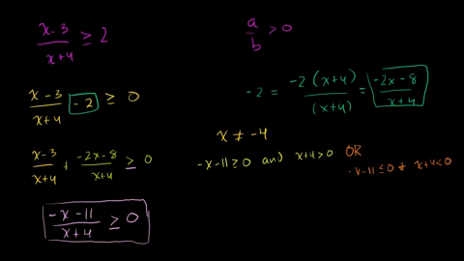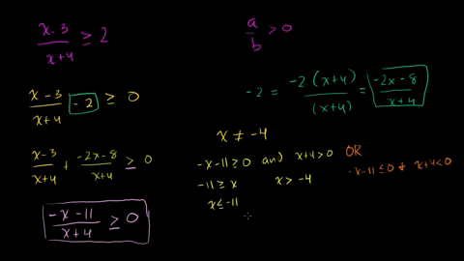So let's look at these two situations and see if we get any solutions that make sense. So right here, if we add x to both sides of this equation, we get minus 11 is greater than or equal to x. Or another way you could say it is x is less than or equal to minus 11. I just swapped these two sides. And then here, if we subtract 4 from both sides, we get x is greater than minus 4.